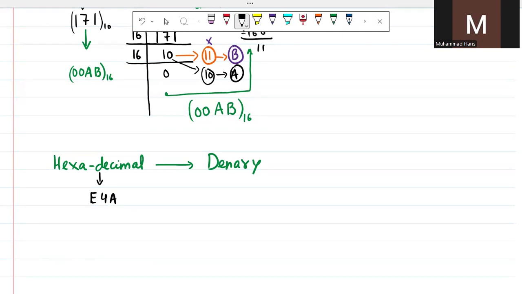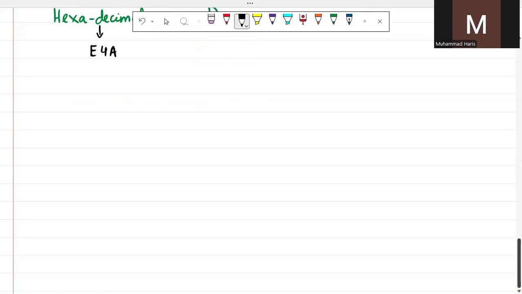That was the hexadecimal number, and the examiner asked you to convert it into Denary. So how are we going to do that? That's our base of 16. So I'm going to write it over here, E4A. And guys, the method is to write these digits separately, like this: E, 4, and A.